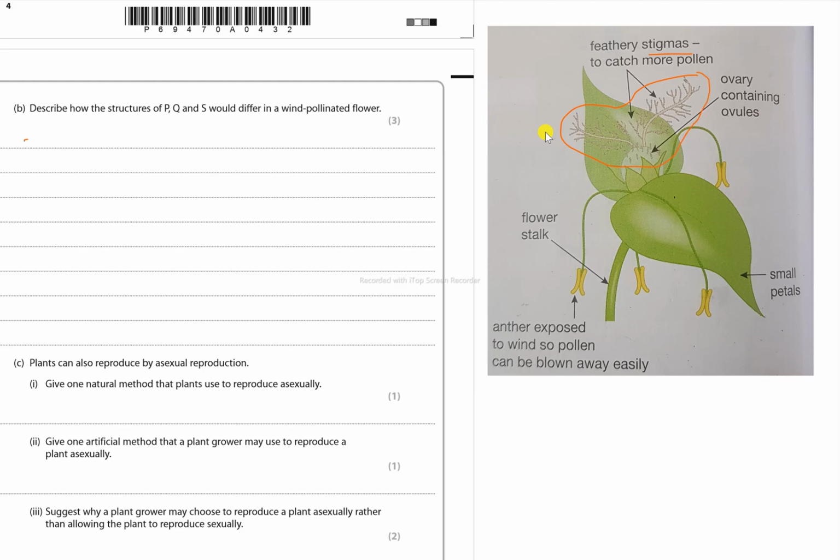So the stigma is larger, or what they've used, the word more feathery. You can say larger, and hangs outside to catch more pollen.